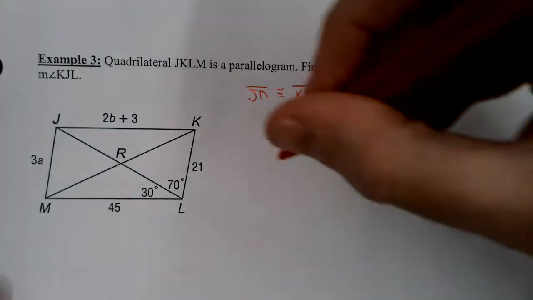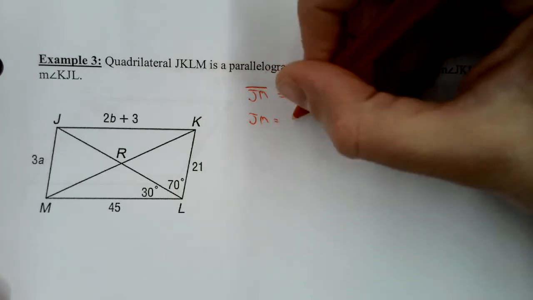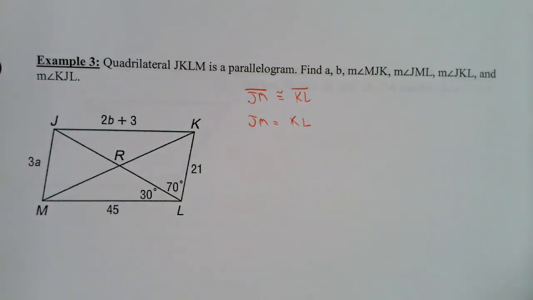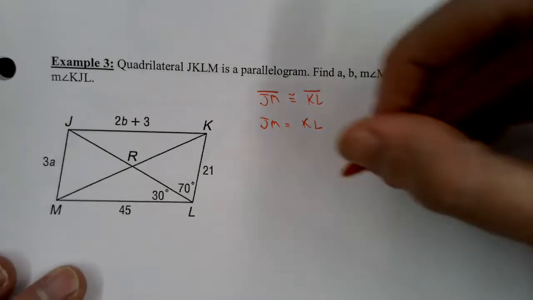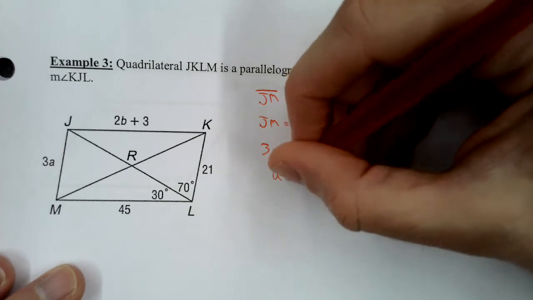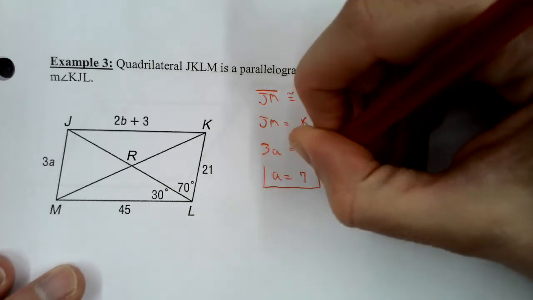So JM equals KL. Again, you don't have to write that down on a test or quiz, but we know that 3A equals 21. So A equals 7. Great, that's the first part.